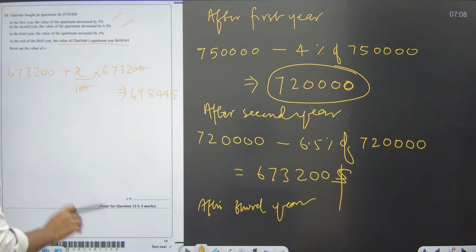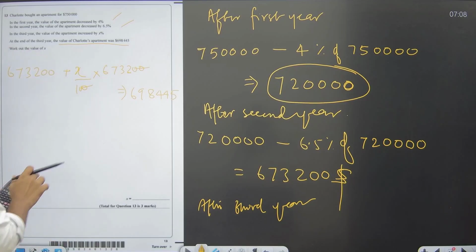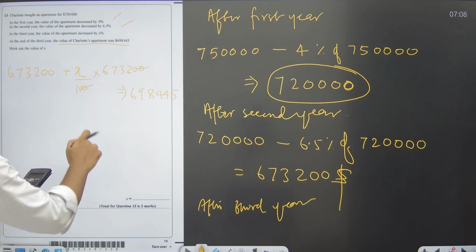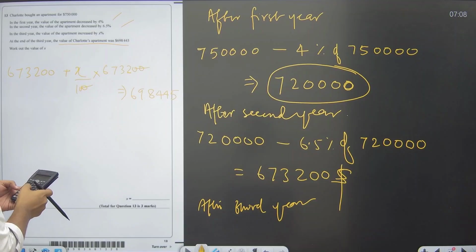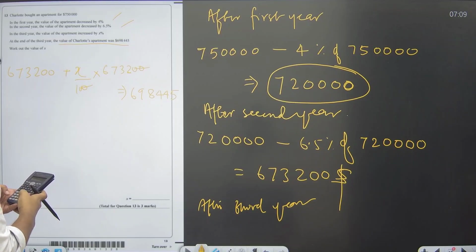So I'll calculate it. We need to transpose 673,200 to the right hand side. So it will become negative: 698,445 negative of 673,200.